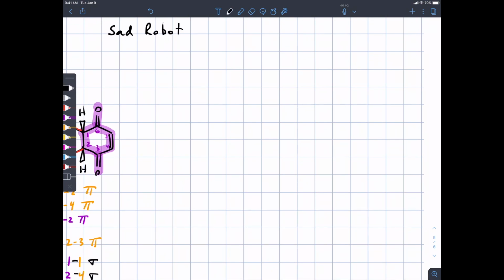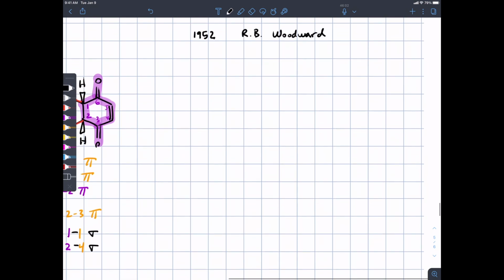in 1952, several years after Diels and Alder discovered their reaction, and just a couple years after they won the Nobel Prize for it, Professor R.B. Woodward at Harvard, he's sort of the godfather of modern synthetic organic chemistry, did a similar Diels-Alder reaction. He used the following, and you can sort of see the structural similarities with what he did to what Diels and Alder did.